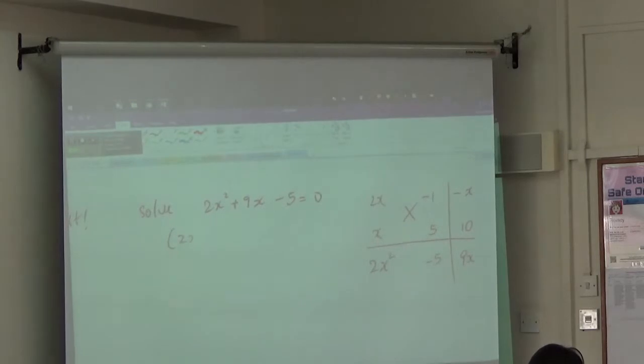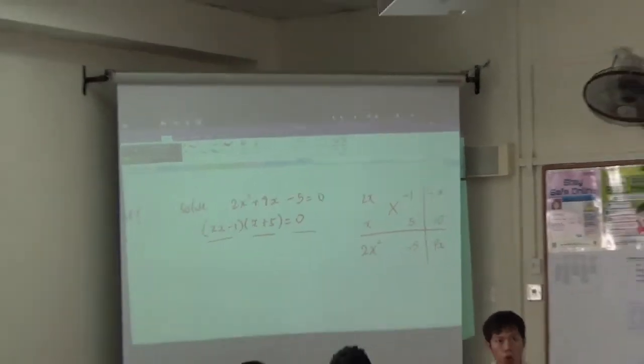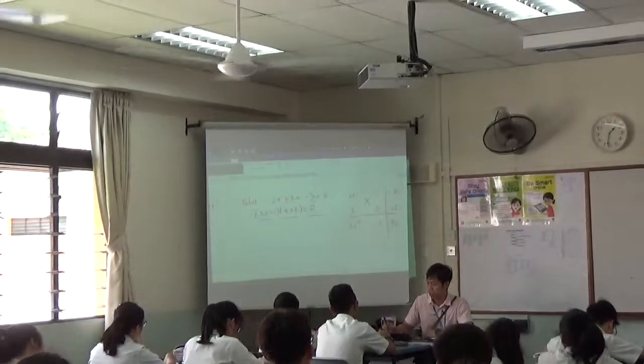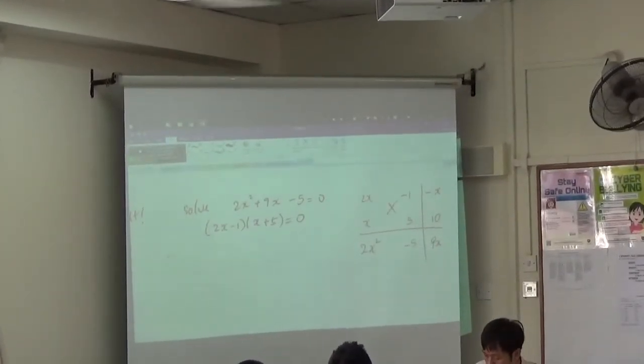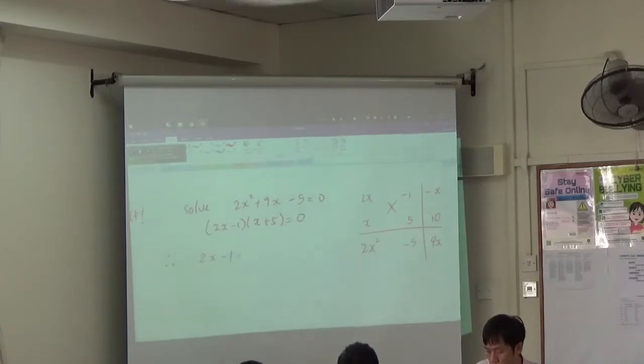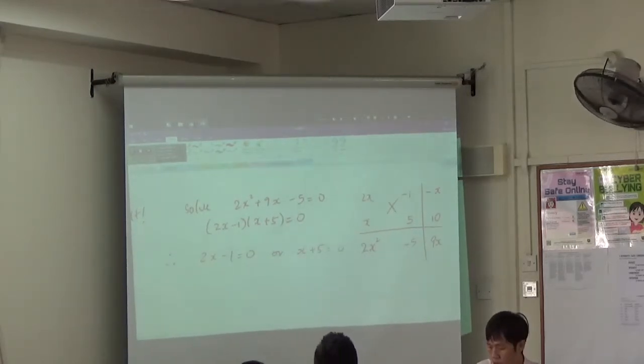Didn't take too much effort. 2x minus 1, x plus 5 equals 0. This is called factorizing. Am I solving yet? Something multiplied by something gives me 0. What does that imply? One of them is 0. So 2x minus 1 equals 0 or x plus 5 equals 0.